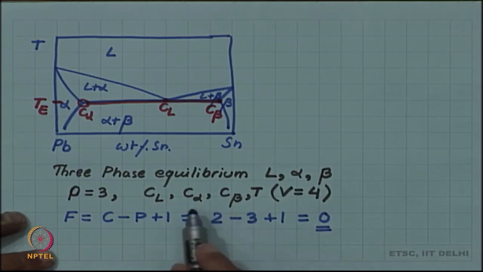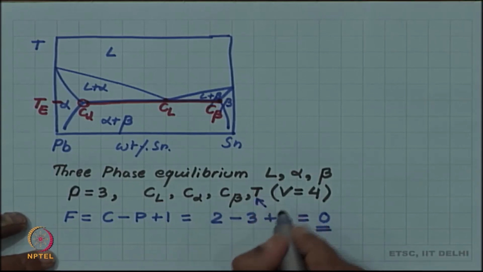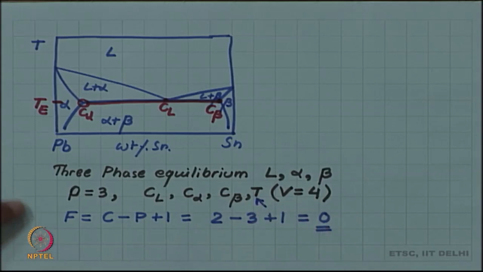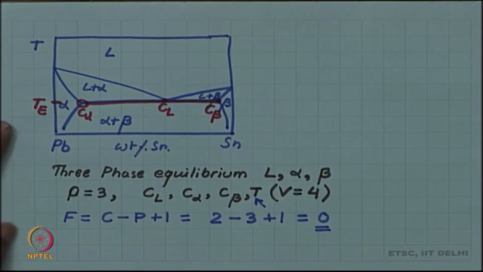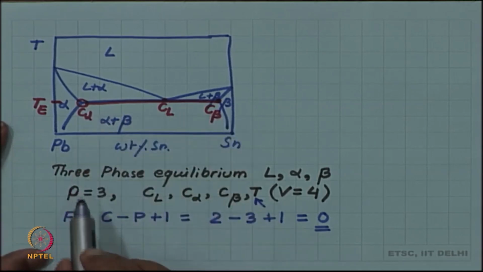Also see that since temperature, one of the variables, is going to be fixed, all these 3 phases will occur at that same temperature. That is why for any invariant reaction you will have a horizontal line.